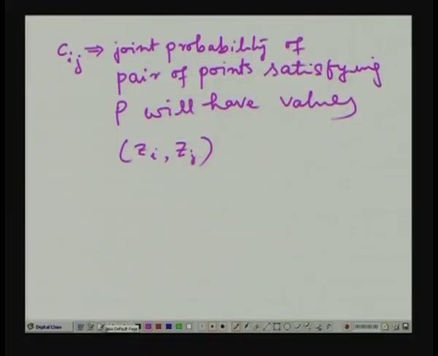So, the question is, once we have obtained a co-occurrence matrix, what is the algorithm following which we can obtain it? So, now let us see what kind of algorithm can be used to obtain this co-occurrence matrix.